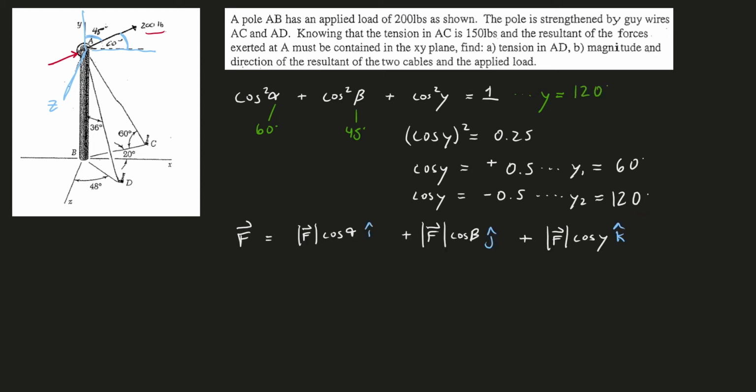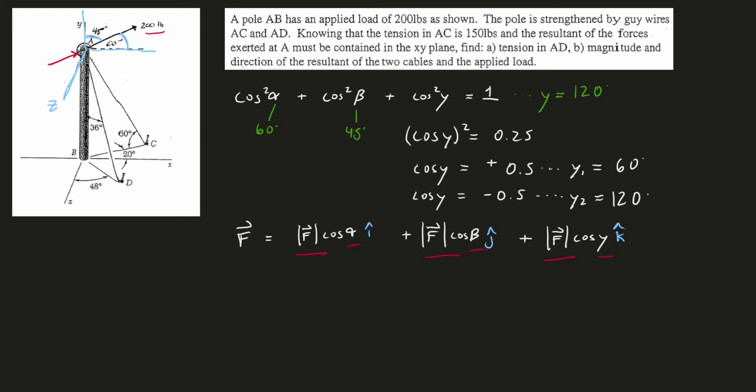Because this vector's direction is given by its direction cosine angles rather than a double projection approach, we can vectorize this vector using this. Each one of these is the magnitude, the length of the vector, 200, and of course we have our direction cosine angles.